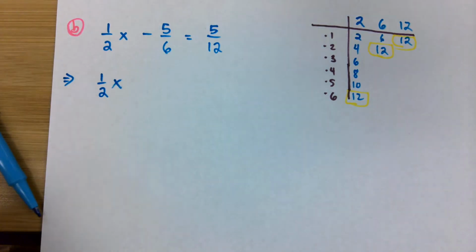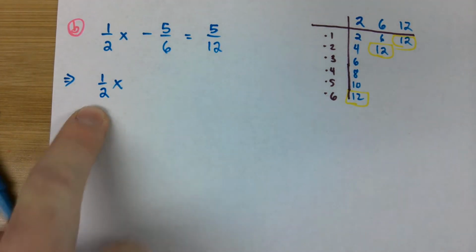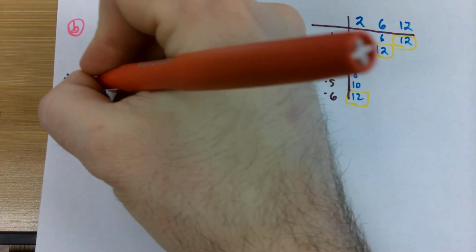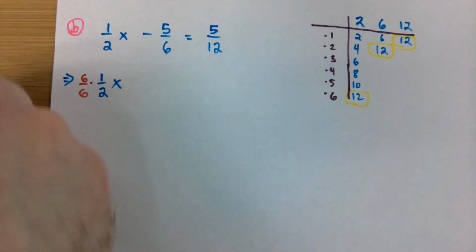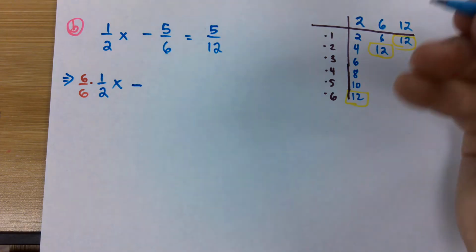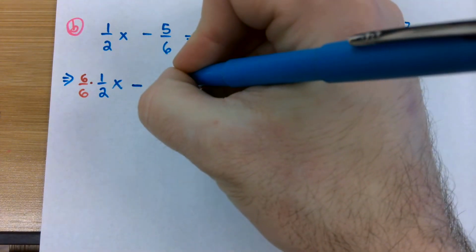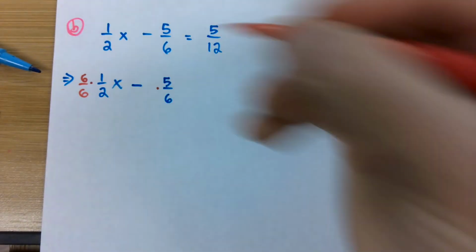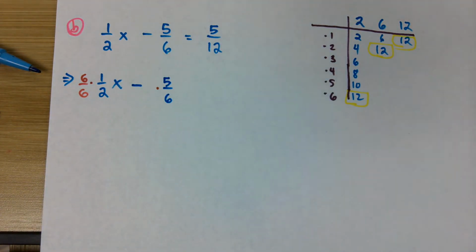What are we going to multiply 1/2 by if we want our denominator to be 12? 6/6. Exactly. 6/6. Minus, what are we going to multiply 5/6 by if we want a 12 on the bottom? 2/2.